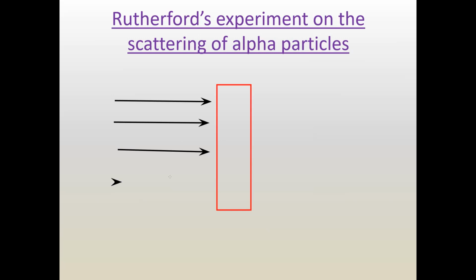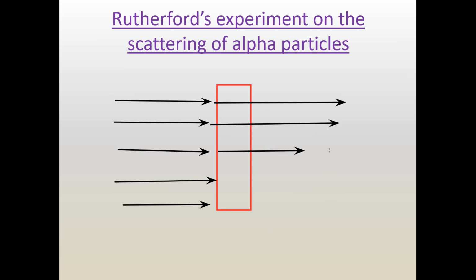Most of the alpha particles were able to pass through, a few changed their direction, and a few bounced back.